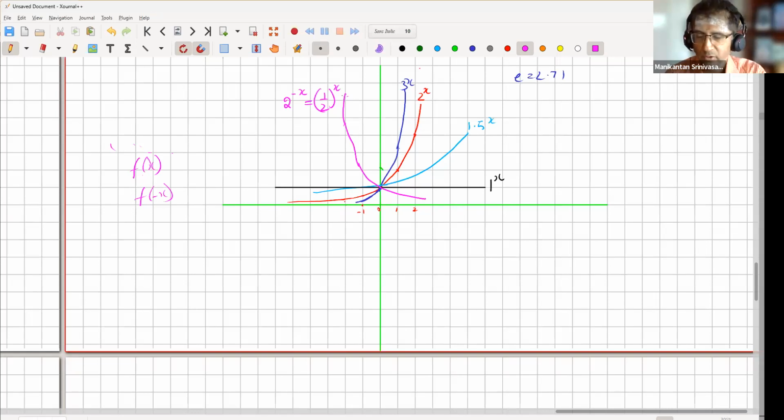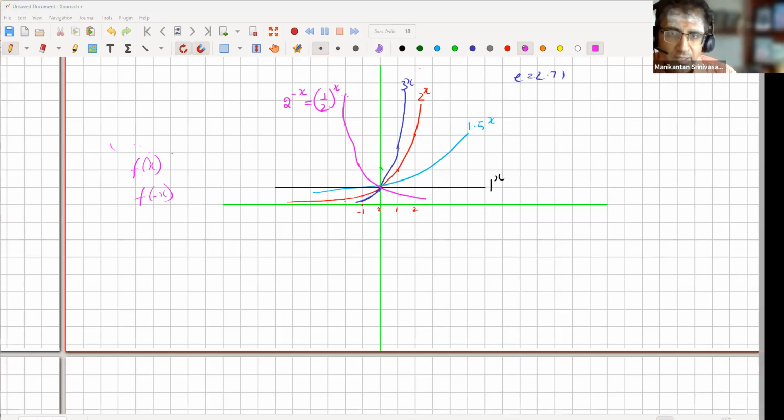If I'm asked f of minus x, it's literally flipping around the y-axis. So 2 power x flipped around the y-axis becomes 2 power minus x, which is nothing but half power x. Does it make sense? Okay, cool.